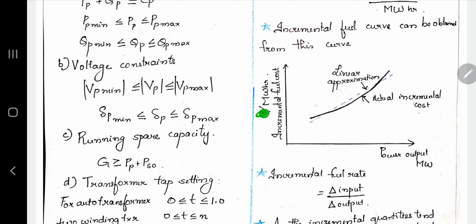It is in rupees. So this incremental cost can be represented as ∂F/∂P, the incremental fuel cost, and this one can be represented as y. The slope of this curve can be represented as m, and this x value is the P value. Now using this we can represent the equation for y as mx plus c.